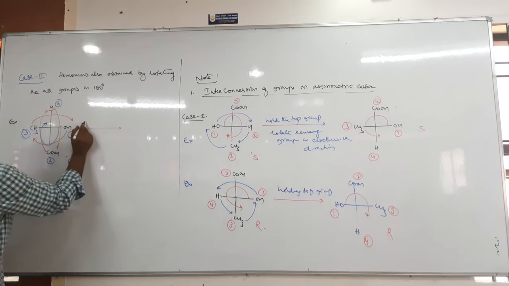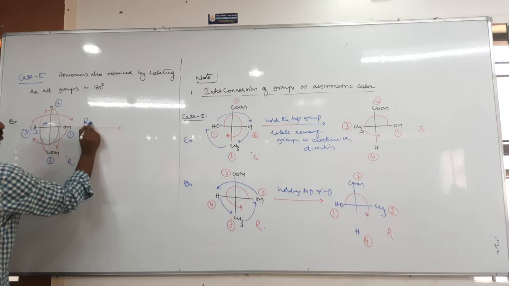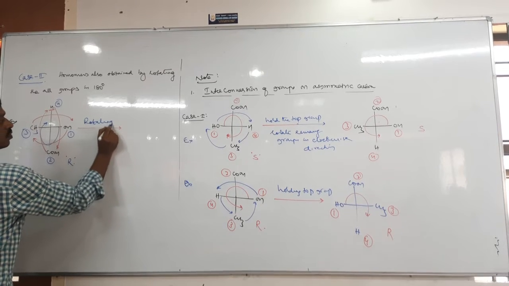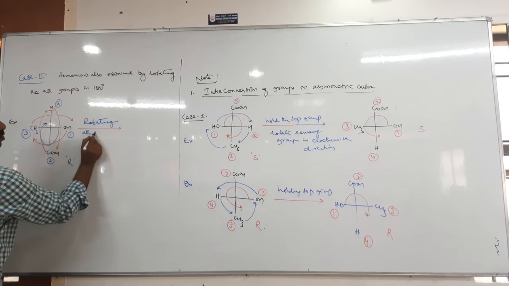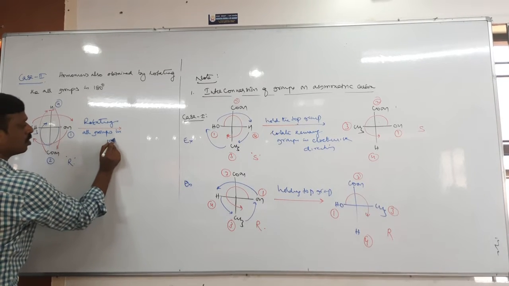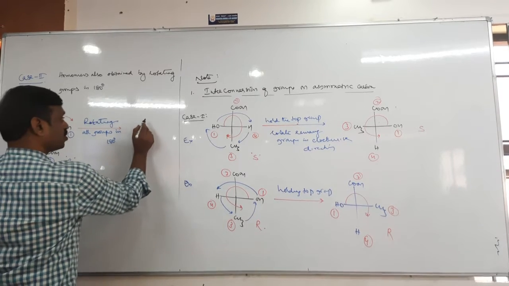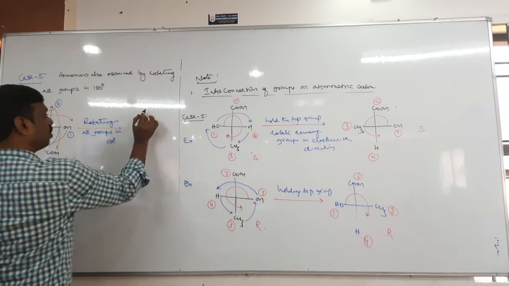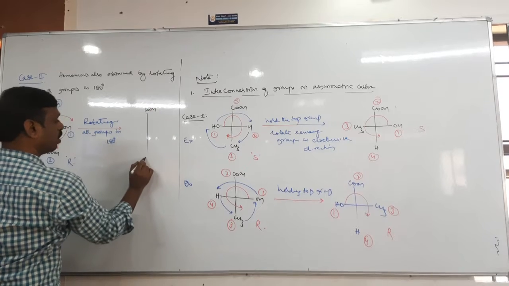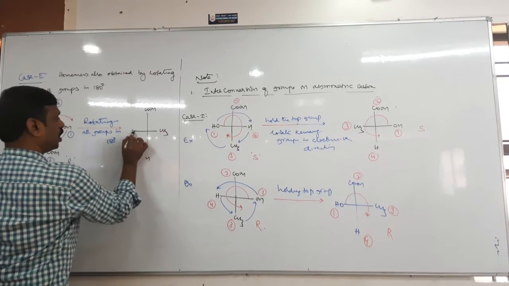So therefore, it is rotating all groups by 180 degrees. Tell me, by rotating all the groups by 180 degrees, the carboxylic group comes top, H comes bottom, CH3 comes here, OH comes here.